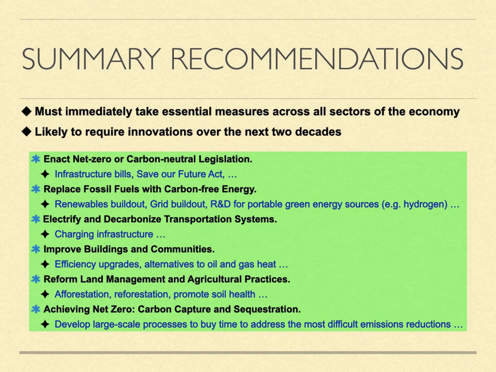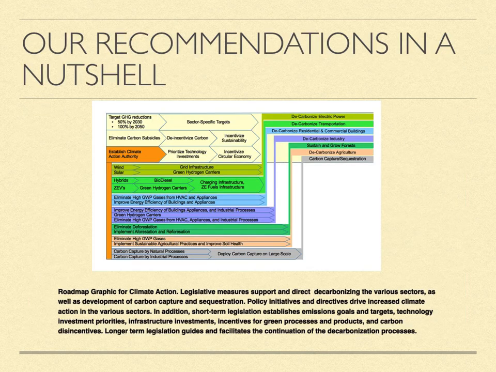We need to reform land management and agricultural practices through afforestation, reforestation, and promoting soil health. And if we are to achieve net zero, we're going to need some form of negative emission technology, for example, carbon capture and sequestration. We'll have to develop large-scale processes to buy time to address the most difficult emissions reductions.